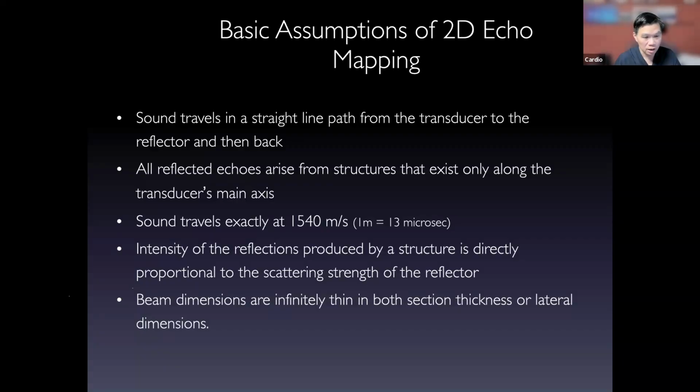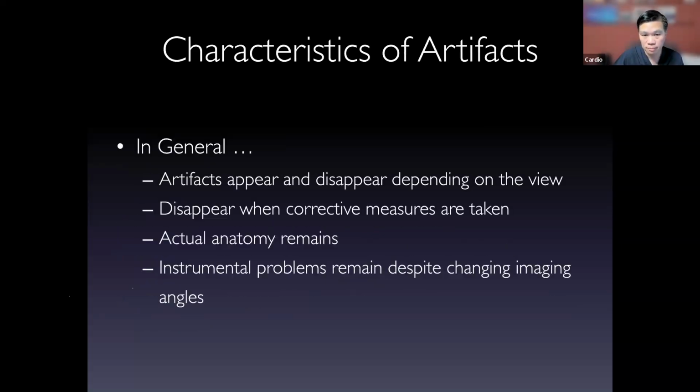And then the other assumption is that the intensity of the reflection produced by the structure is directly proportional to the scattering strength of the reflector. And also the beam dimensions are infinitely thin in both section thickness and lateral dimensions. So in general, artifacts appear and disappear depending on the view.